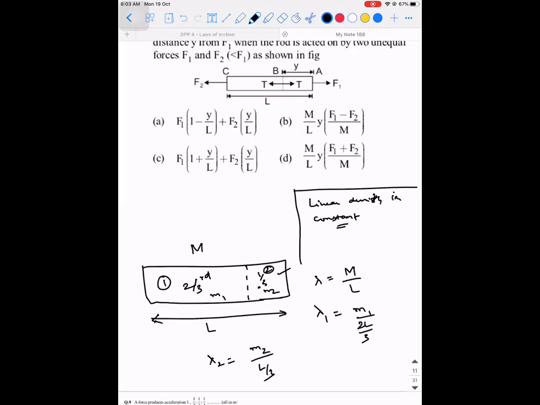So when can I say the linear density of the system is constant? I've taken some random values, guys. Don't think much about the 2 by 3 and 1 by 3. So what do you mean by the uniform density of this rod? Listen carefully. This capital M by L, let's say it is coming out as 3 kilogram per meter.